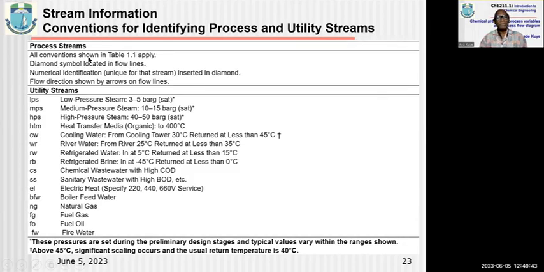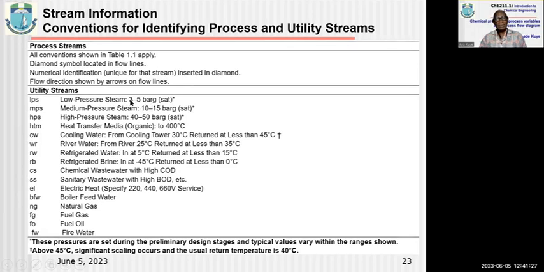The conventions shown in the previous table: diamond symbol in the flow lines for the stream, numerical identification number inserted within the diamond, and of course, the direction shown by the arrows. For the utility streams, you see some of these small labels that are there, just to tell us what it is. If you see LPS, for instance, it is telling you that it's a low pressure steam.